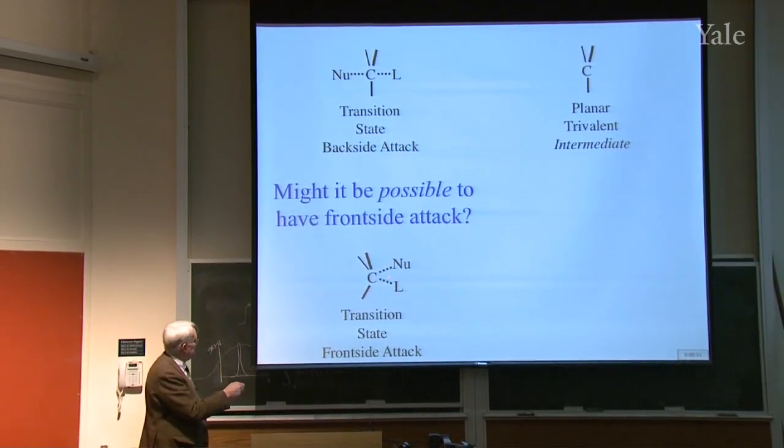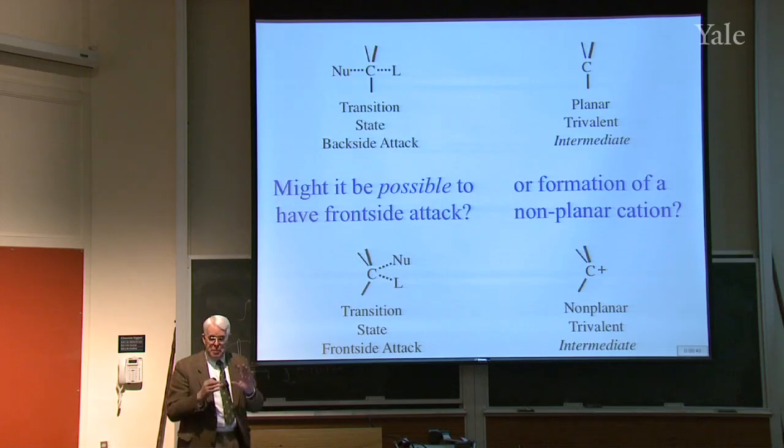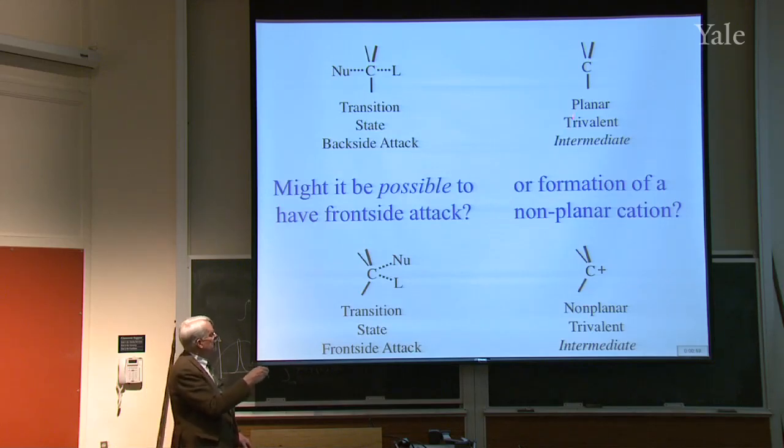Okay, so is this possible? Or is it possible to form a cation that's not planar, right? So could you have it bent and not planar so that the stereochemical consequences would not necessarily be inversion, right? Might it be possible to have a non-planar cation as an intermediate?